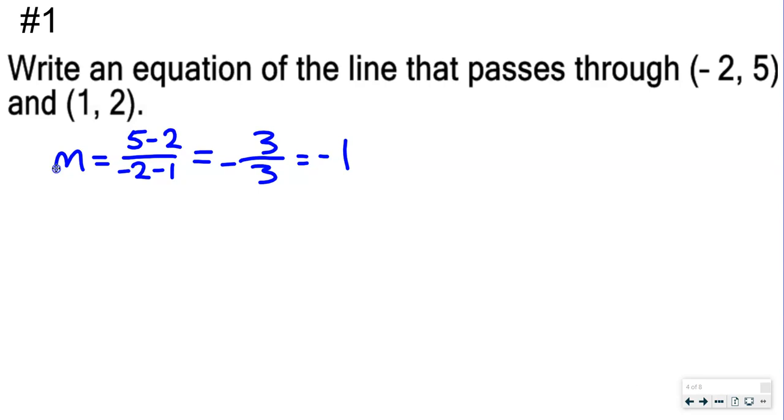So point slope form is y minus y1 equals m times x minus x1. So now we have our slope. So that's going to be plugged in for m.